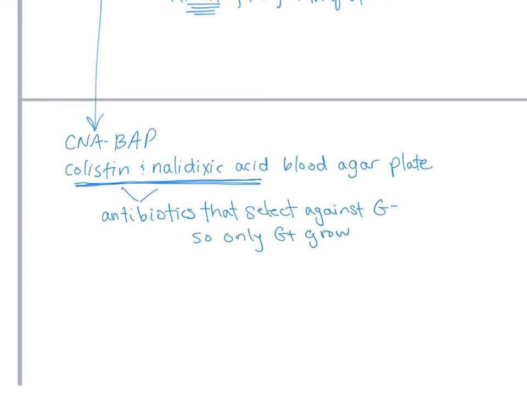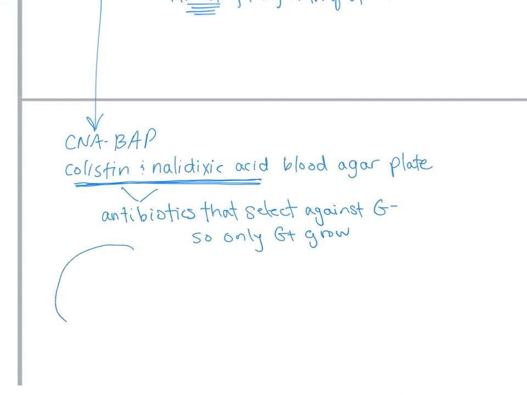Nalidixic acid is an inhibitor of DNA gyrase, so it blocks DNA replication. For some reason, that works best on gram-negatives. So colistin is kind of like a detergent against gram-negatives, and nalidixic acid targets that DNA gyrase, which is slightly different, apparently, in gram-negatives.